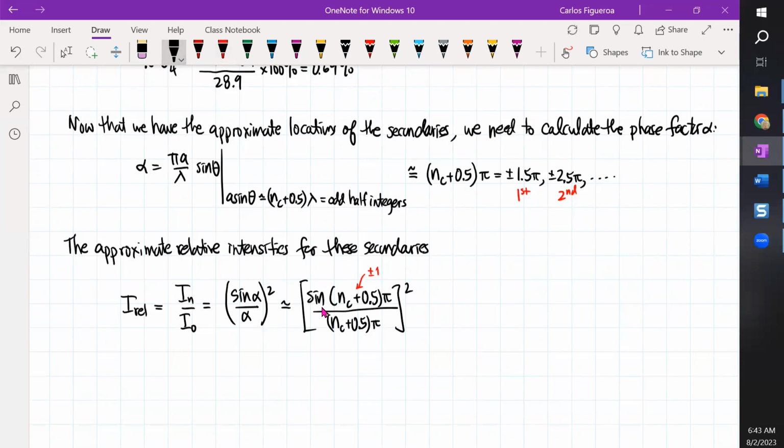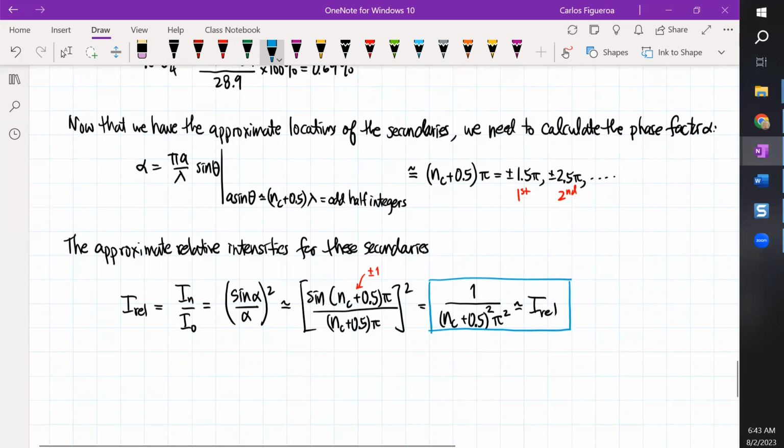So I can simplify this relationship to read 1 divided by NC plus 0.5 squared pi squared, and that's going to be my relative intensity. So this is how I'm going to calculate my intensities. I'm going to apply this to the first 4 maximas.